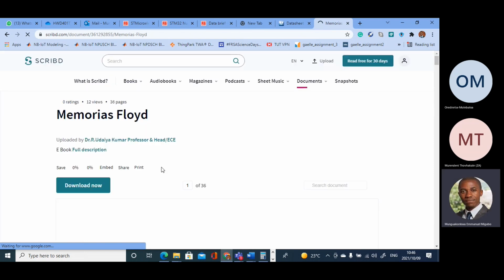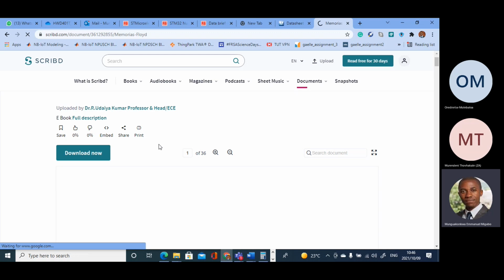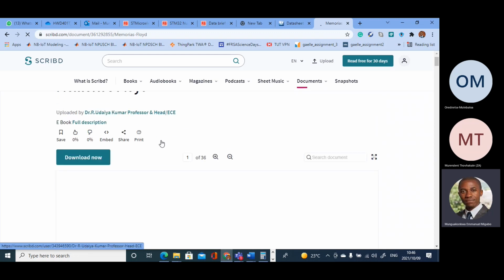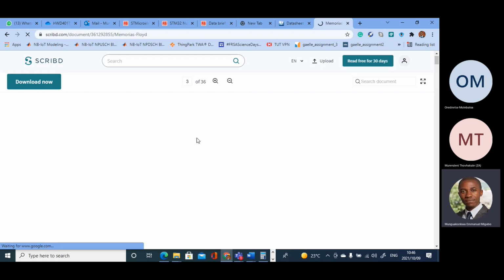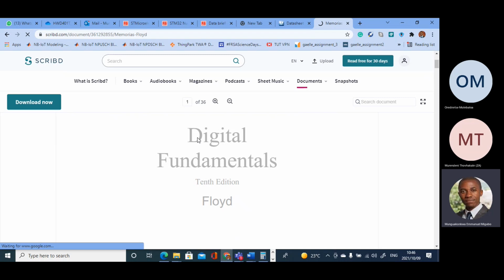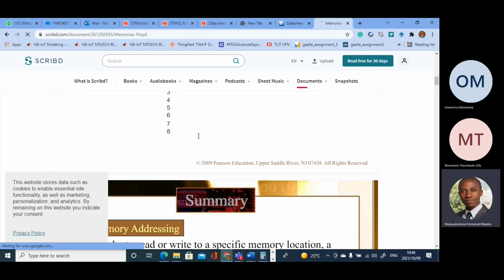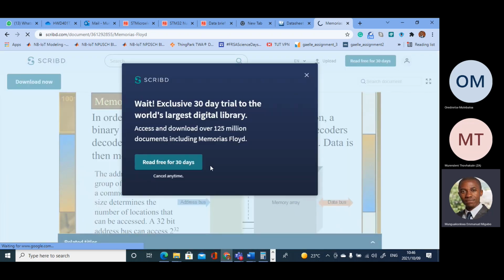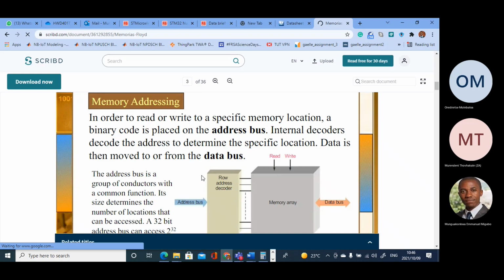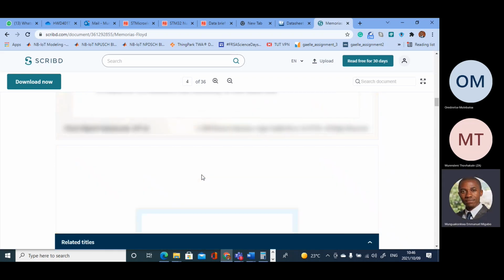Yeah, I just got it. But it's quite a basic circuit. I just want to see, but it wants me to download it. Come on. It's still loading. Remember this book? The raw address I was talking about, memory array, address bus, data bus. Agree?